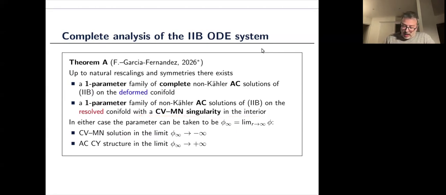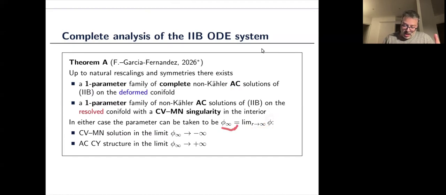Now, for both one-parameter families, they're asymptotically conical. In particular, the dilaton φ converges to a constant, φ infinity. And this constant φ infinity can be taken to be the parameter in the family.